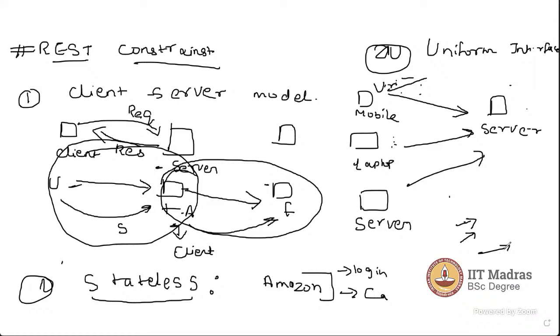As long as you are on that particular Amazon server, it appears that it is remembering your activity throughout. It is giving you some ads on the basis of your preferences.